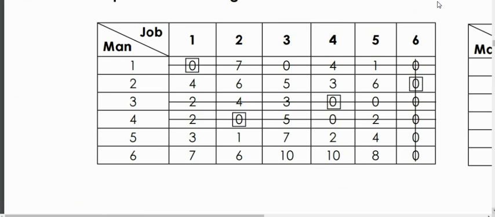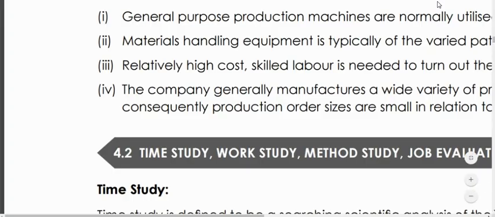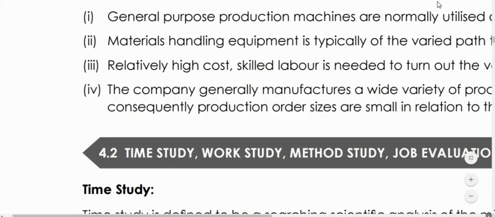Okay. Now, which other row or column has maximum zeros? So we'll again look at the same operation column matrix.